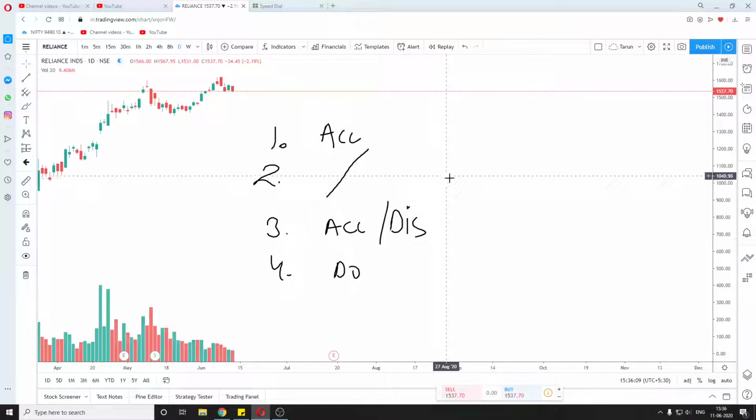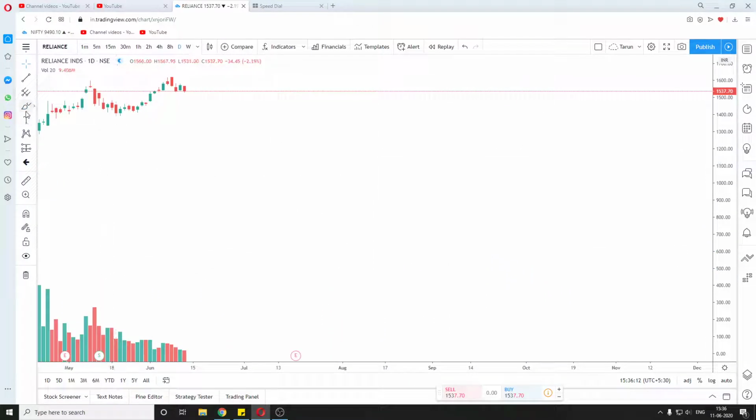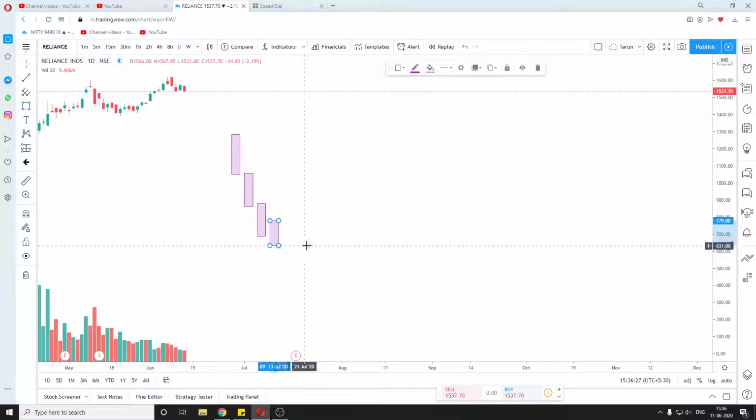If we look at it in the chart, the price action will look something like this. First, let's say we have a downtrend, and then we will start to get some buying pressure.